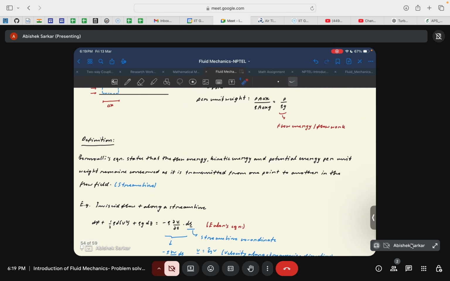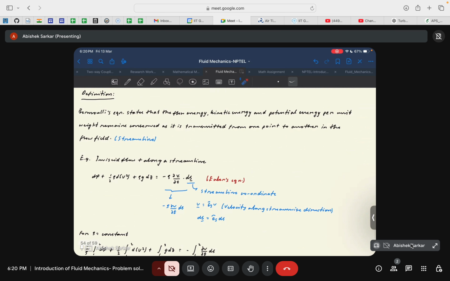So as a formal definition, Bernoulli's equation states that the flow energy, the kinetic energy, and the potential energy per unit weight remain conserved as they are transmitted from one point to another in the flow field. In this particular case, along a streamline, okay.